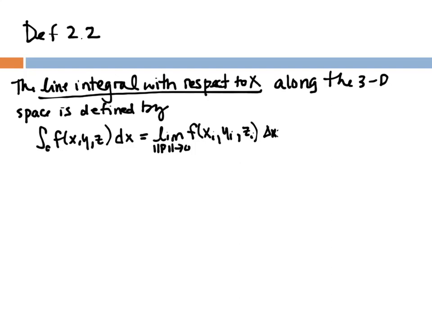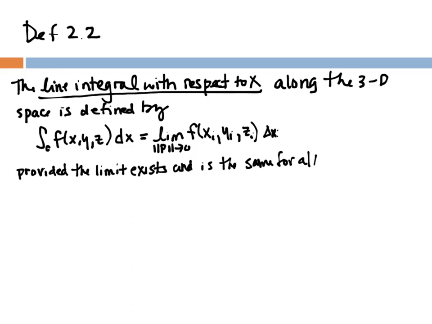And we've got the same conditions we had just a moment ago, provided the limit exists, and is the same for all choices of evaluation points.